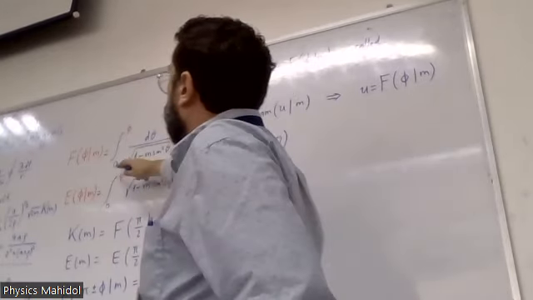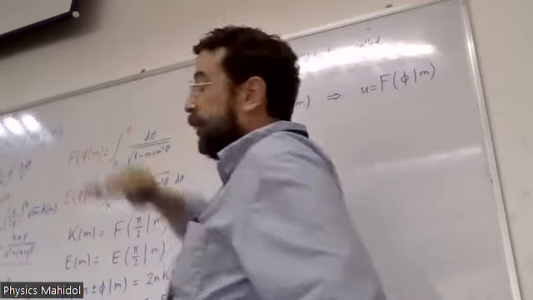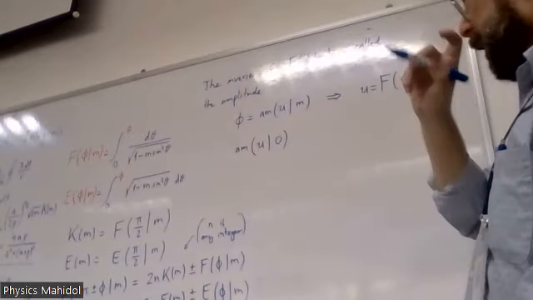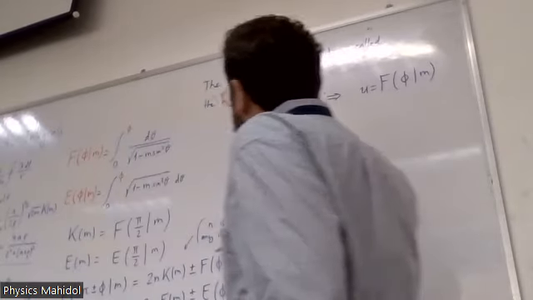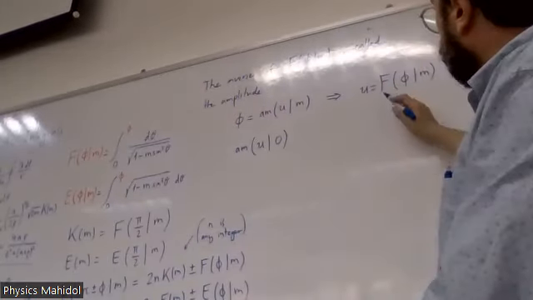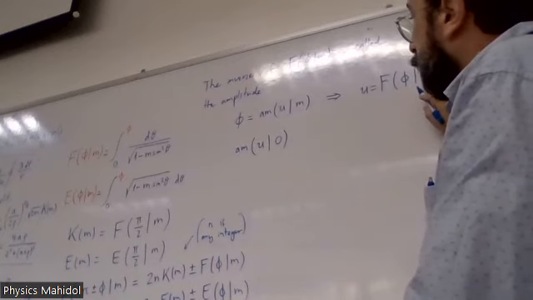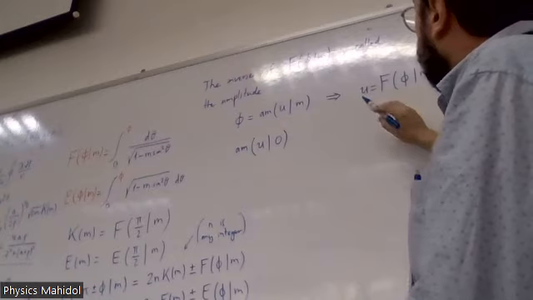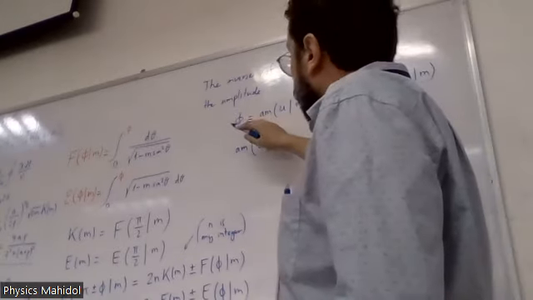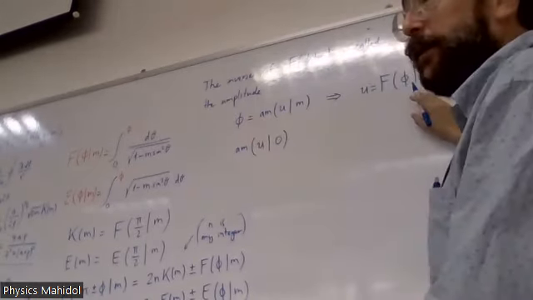When m is 0, we just have the integral from 0 to phi of dtheta. So it's just theta between 0 and phi, which is phi. So in the case m equals 0, this function is just phi.